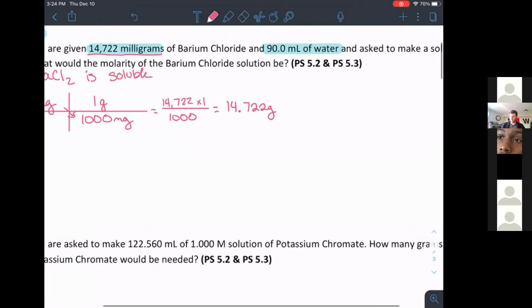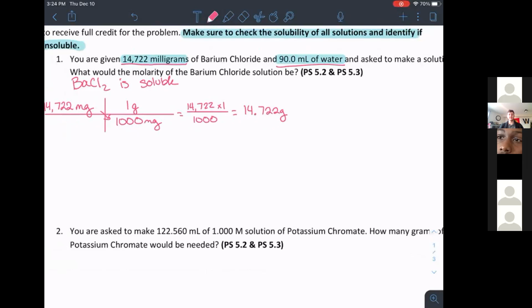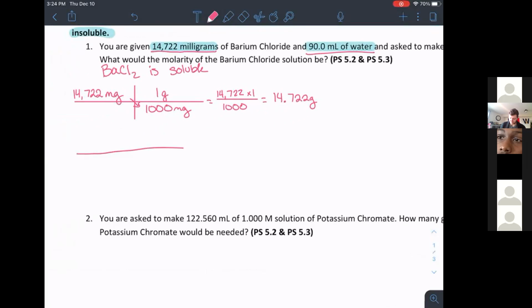The next one we're looking at is that 90 milliliters of water. When we're making our solutions and we're talking about molarity or concentration, we always want our volume to be in liters. So we're in milliliters here, and we want liters, which means we have to convert that as well.